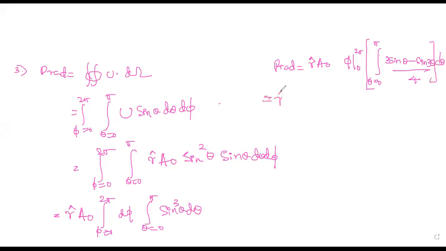So this is r cap a naught. If you apply the limit, this will be 2 pi. Take the 4 outside and integrate it. Integration of theta from 0 to pi of sine theta d theta, minus the integral from 0 to pi of sine 3 theta d theta.